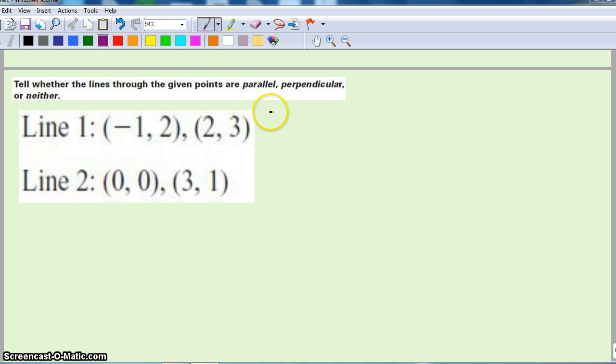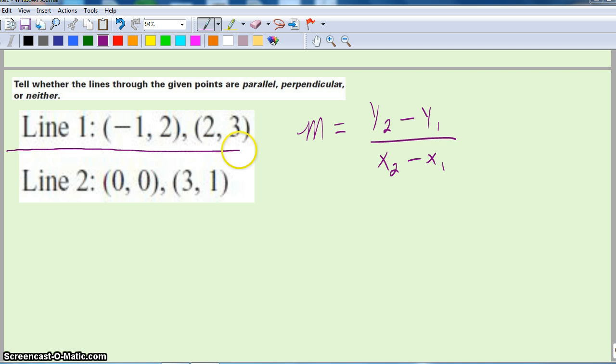There's no graph. Exactly. So to find the slope, M, you've got to use the slope formula, which is y2 minus y1 divided by x2 minus x1. And since we have two lines, you have to do it 2 times.